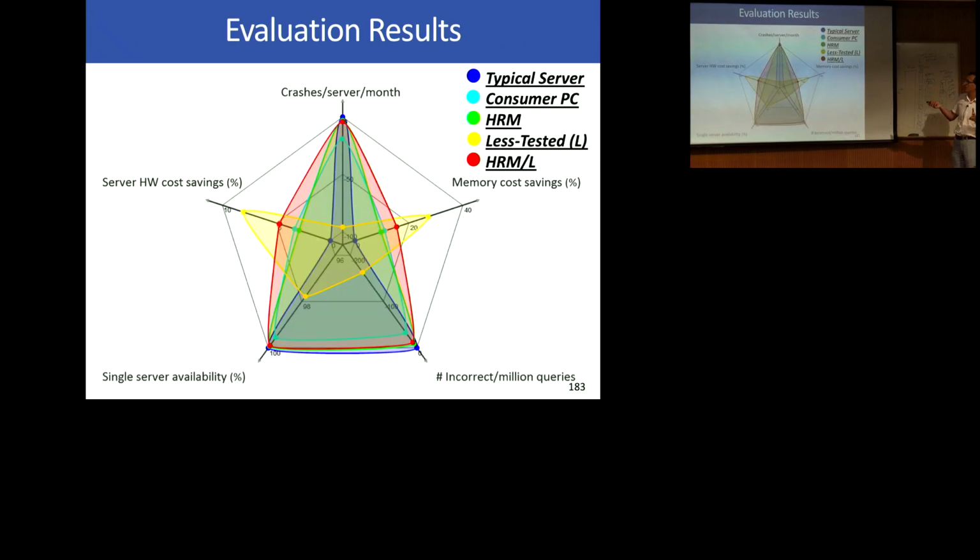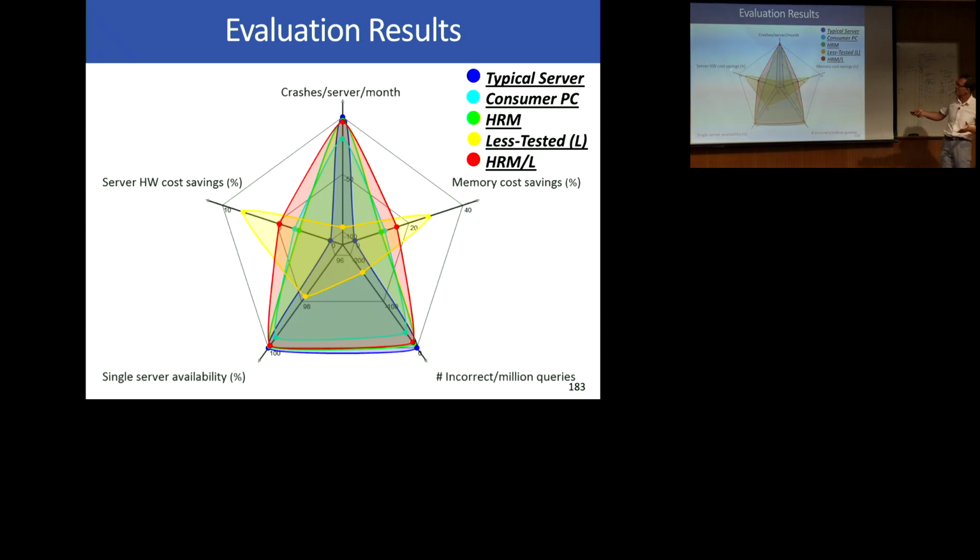I'll give you an example of the results that you can get. This is not a comprehensive design space exploration. And I don't even know how to explore this design space, actually, because we basically came up with some memory configurations. Some of them are, for example, this is a less tested memory, the yellow one. This is heterogeneous reliability memory. And this is heterogeneous reliability memory employing less tested memory. This is a typical server today with ECC, and a consumer PC that has no ECC.